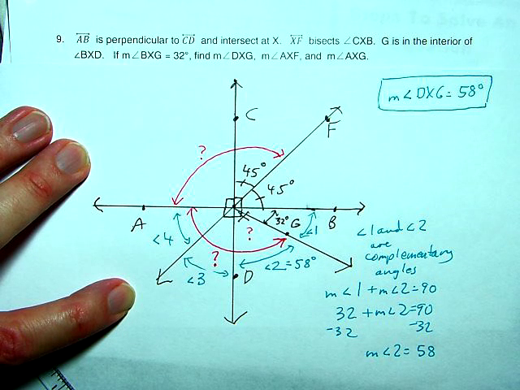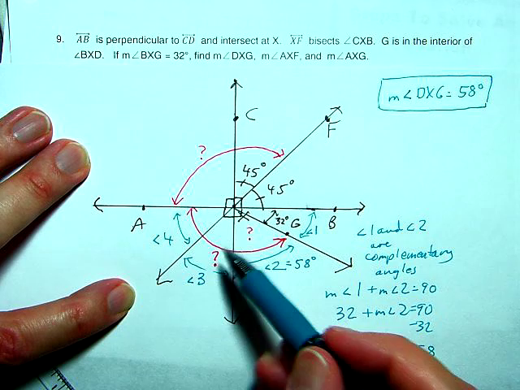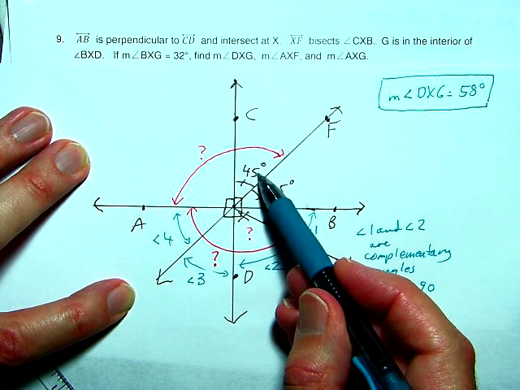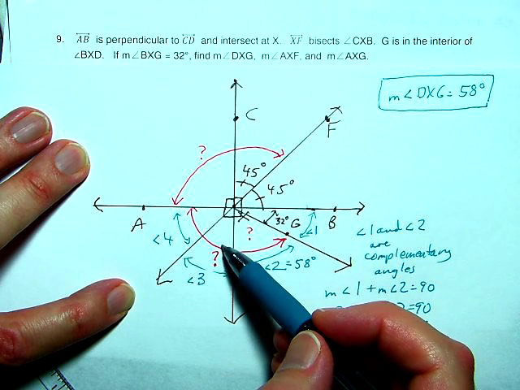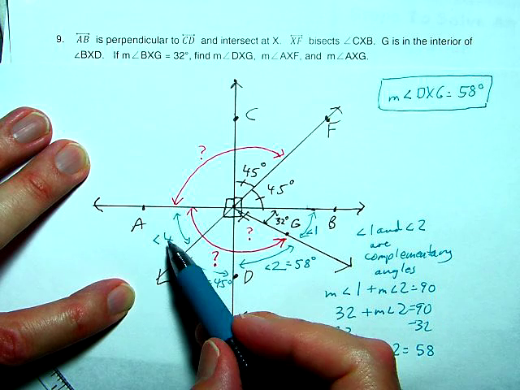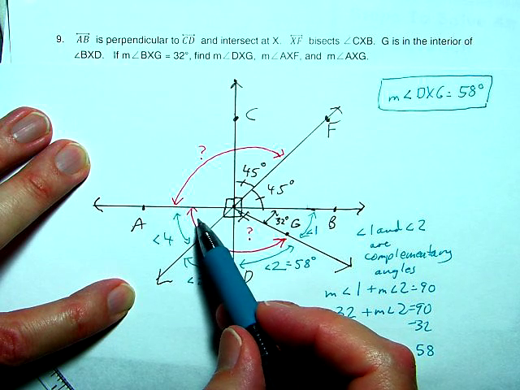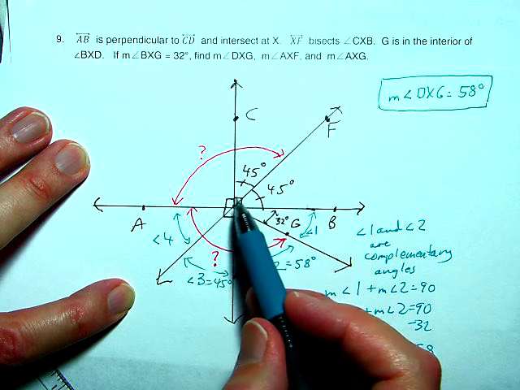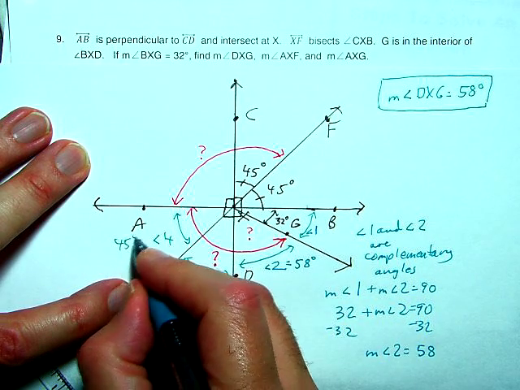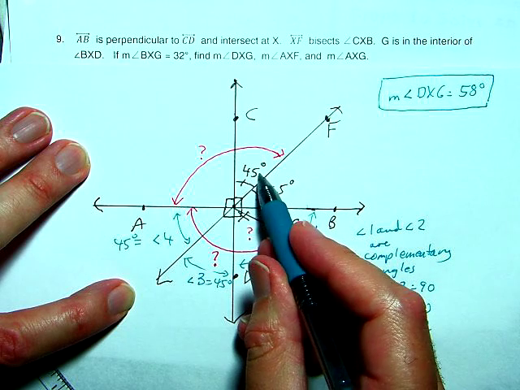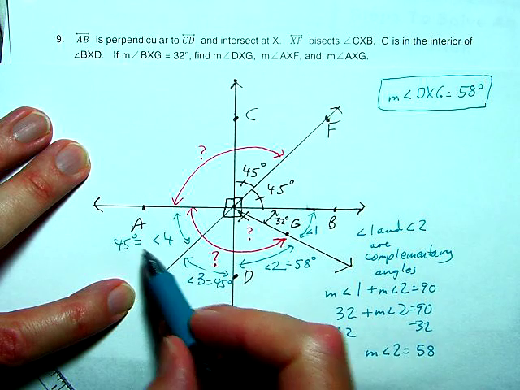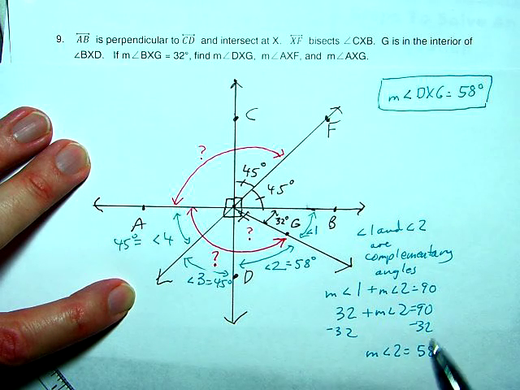Well, it's pretty fortunate that angle 3 is a vertical angle to angle CXF across from it, which means that angle 3 has got to be equal to 45 degrees. And angle 4, if we look at its vertical angle across the vertex, we'll find that angle 4 is equal to 45 degrees as well. So angle 3 is vertical to a 45 degree angle, and angle 4 is vertical to a 45 degree angle, and therefore we now know that each of these measures is 45 degrees.